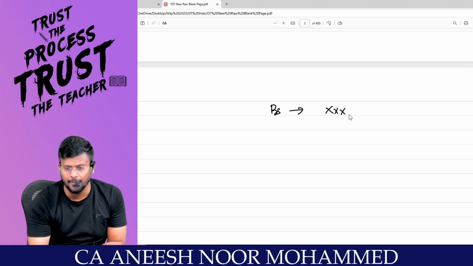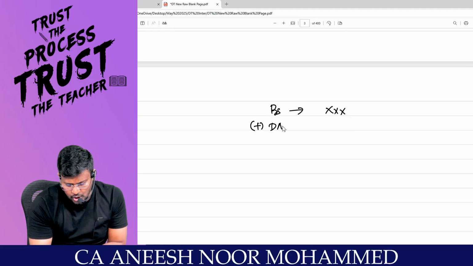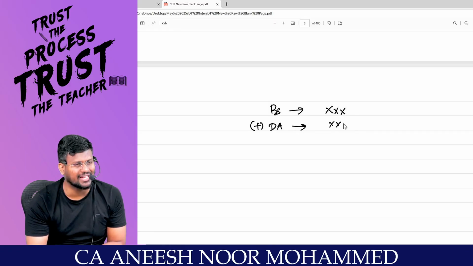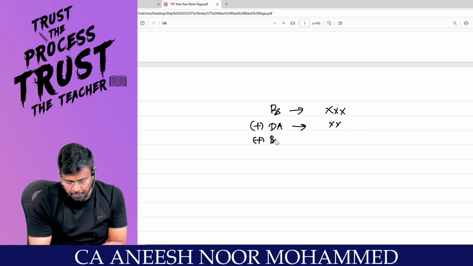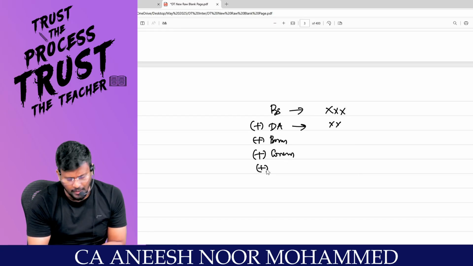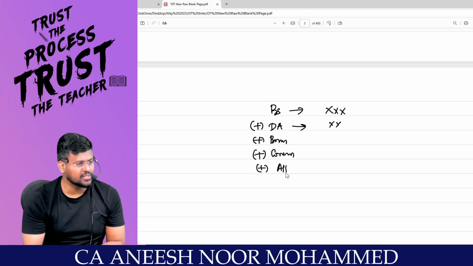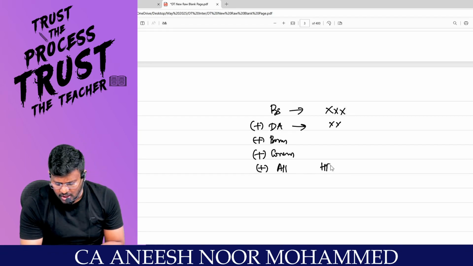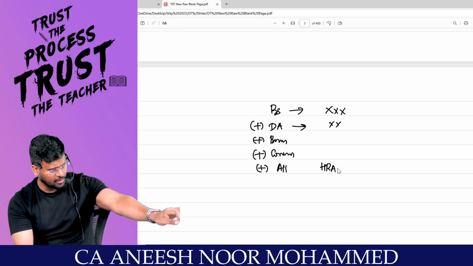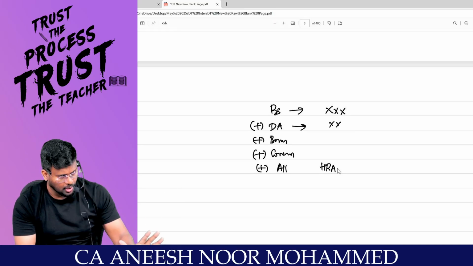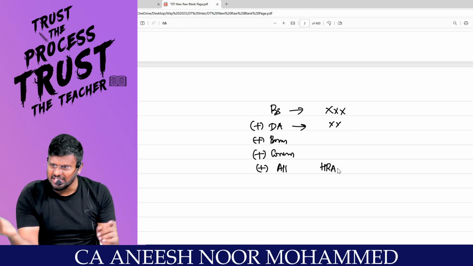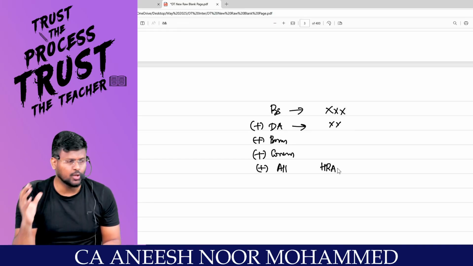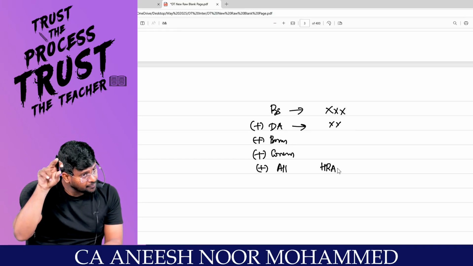To this basic salary, many line items will be added, like DA, bonus, commission, and various allowances. One example of the allowances is HRA, house rent allowance. Is the entire HRA included in the gross salary? No. When you are taxing that HRA, a certain amount will be exempted as per section 10.13A.